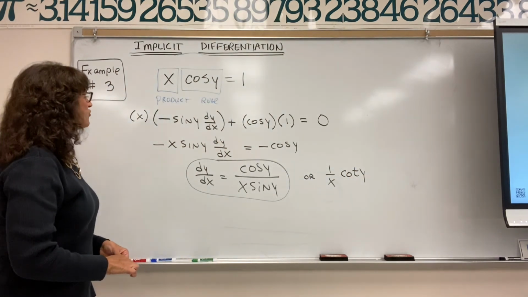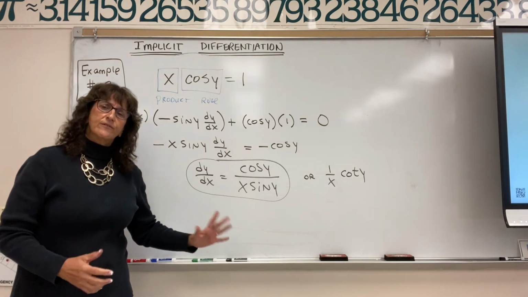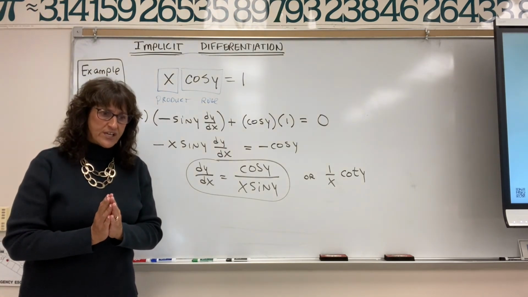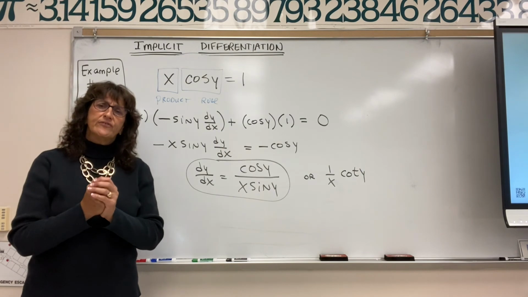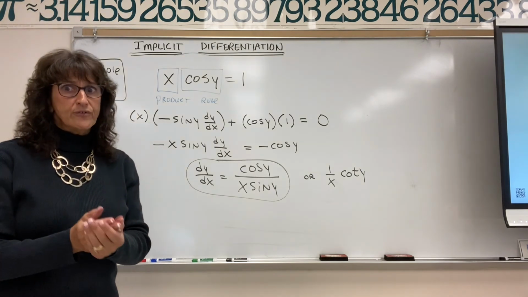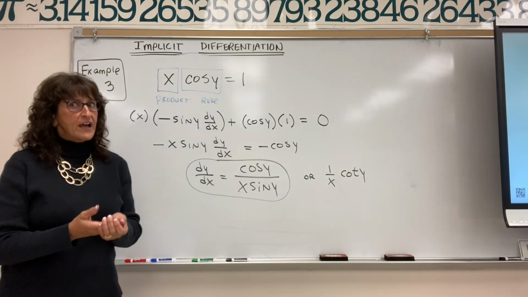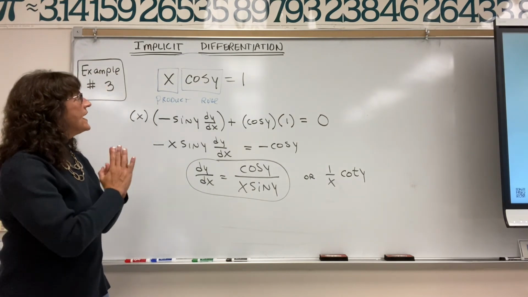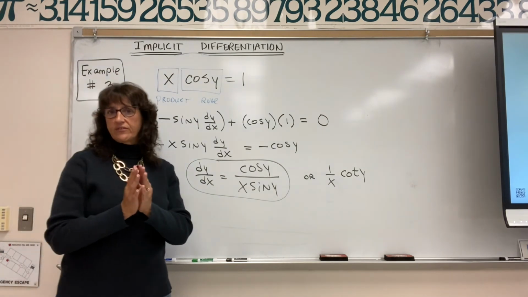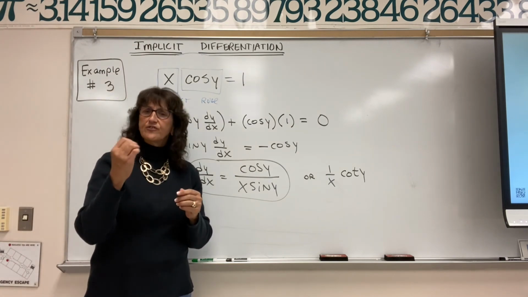All right, so implicit differentiation. So first of all, we use implicit differentiation when we want to find derivatives of curves that are not functions. Okay, so if they're not functions, then this method works beautifully. So how do we actually do the process of implicit differentiation? Just a few steps.